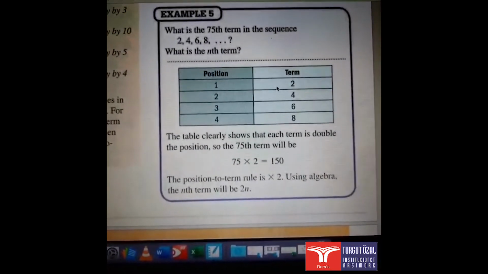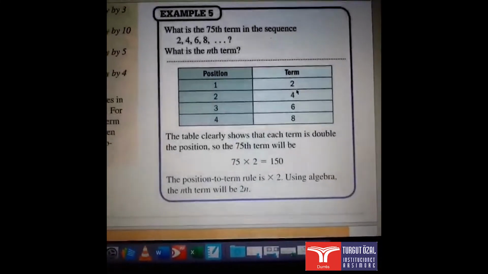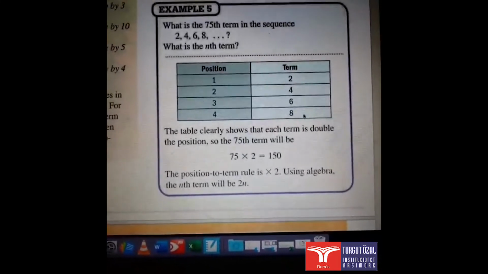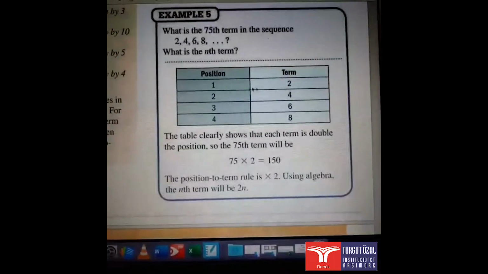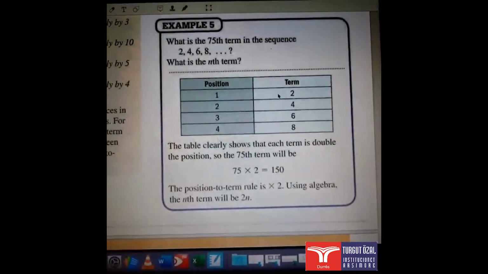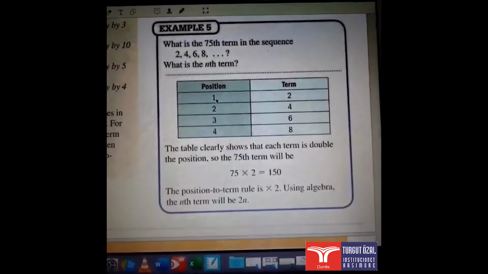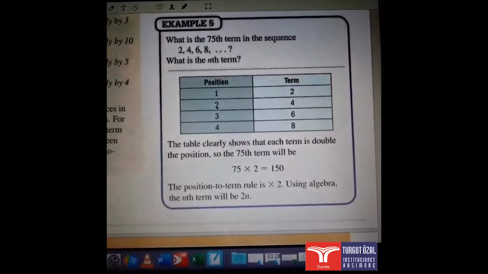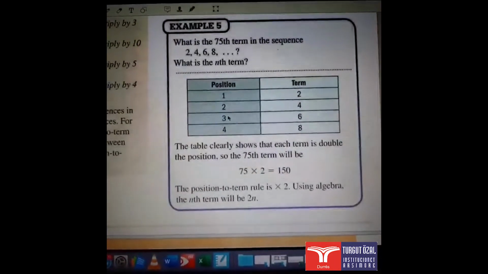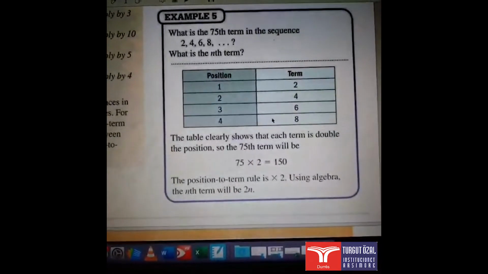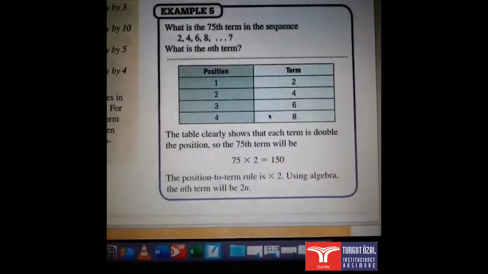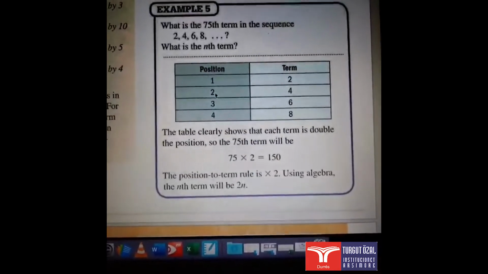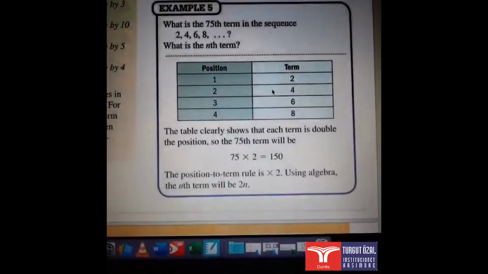Now I'm looking not at the difference between each term, but at the relation between the position and the term. So the first position is 2. The second position is 4. The third one is 6. The fourth one is 8, which means that the position is doubled to give the term.